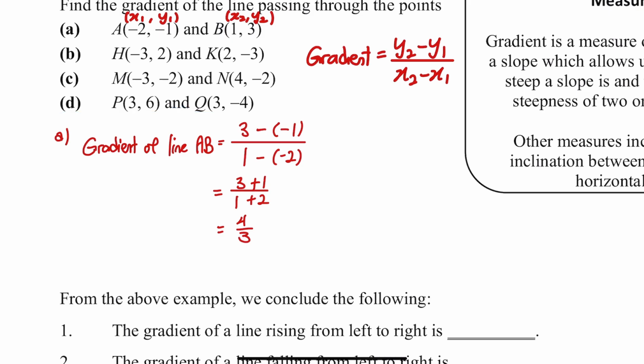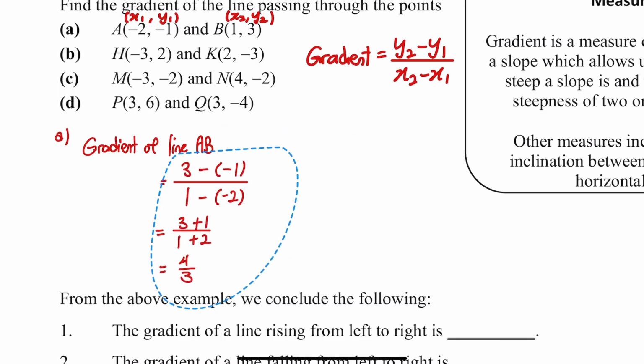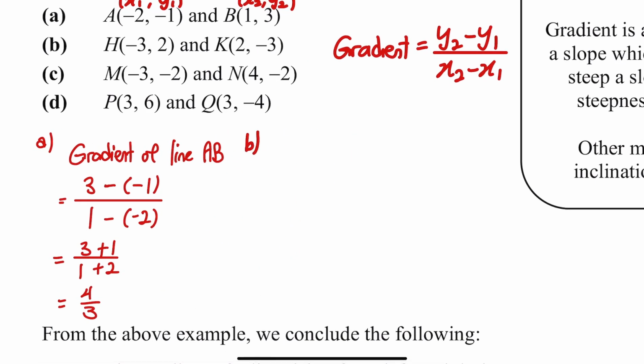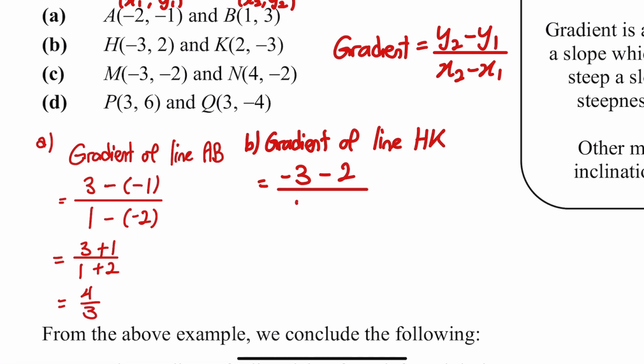Okay, I'll work out part B over here first. Gradient of line HK equals y2 minus y1, which is negative 3 minus 2, over 2 minus negative 3.